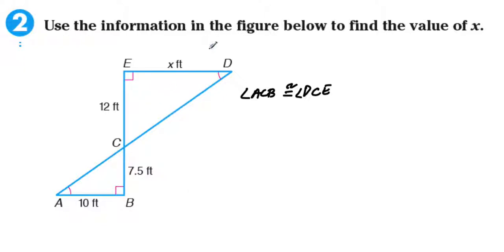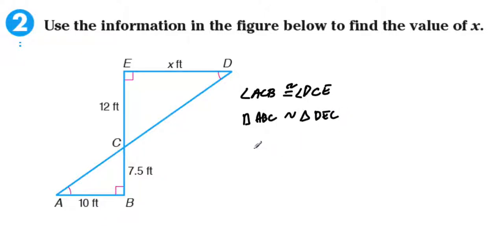So what do we know? If all angles are congruent, then we know for a fact that triangle ABC is similar to triangle DEC.